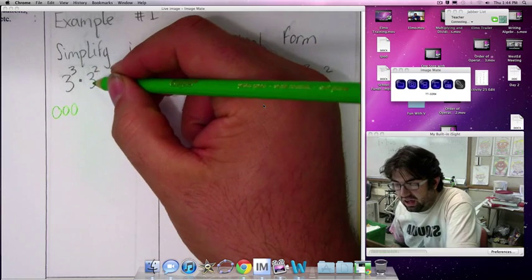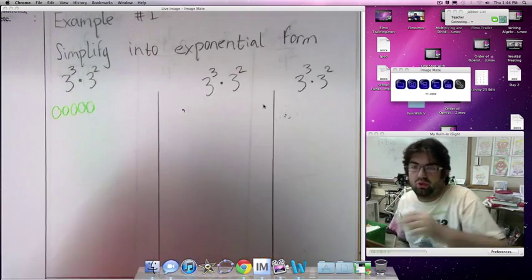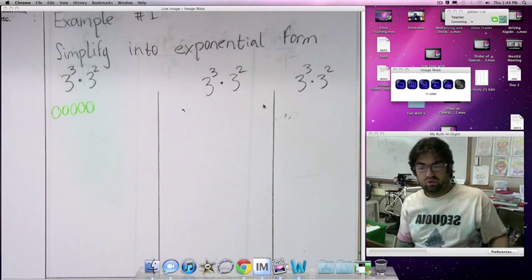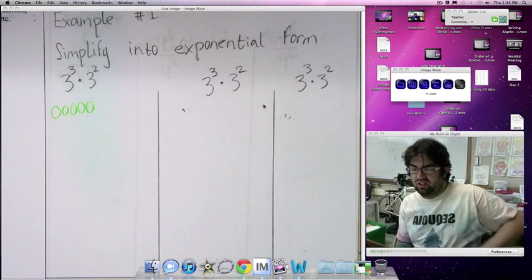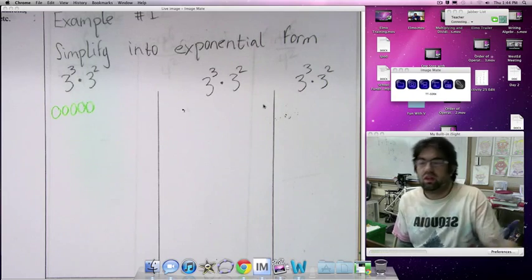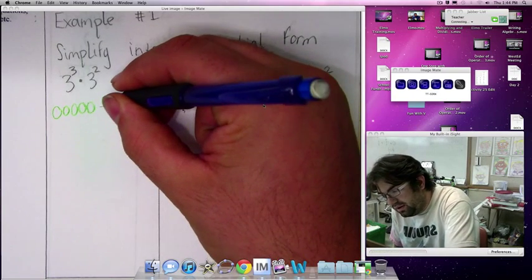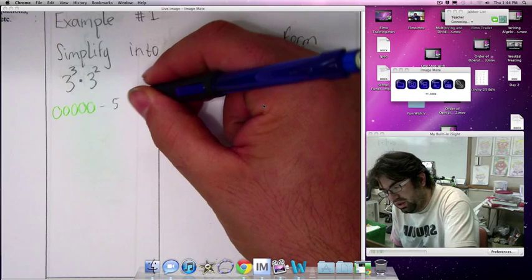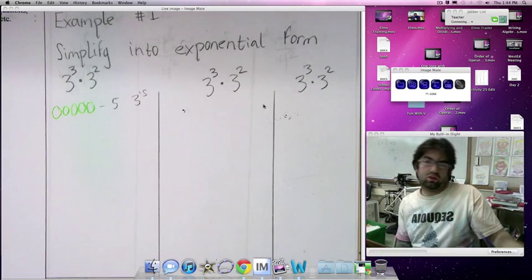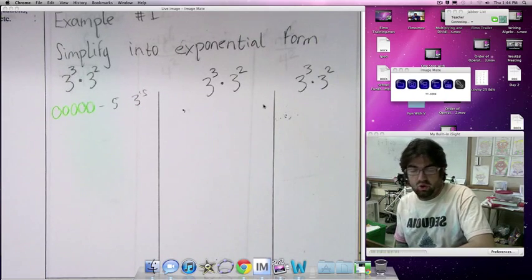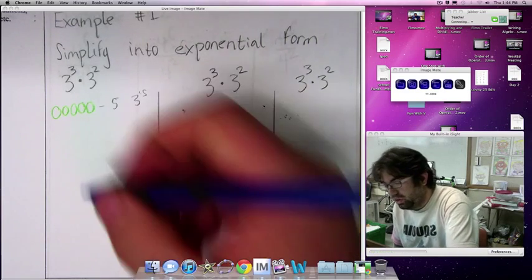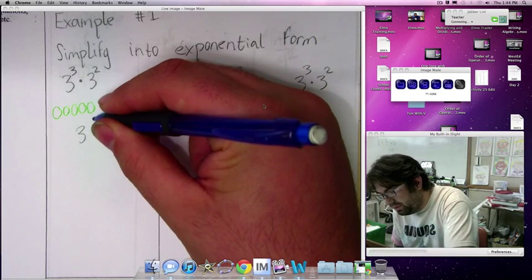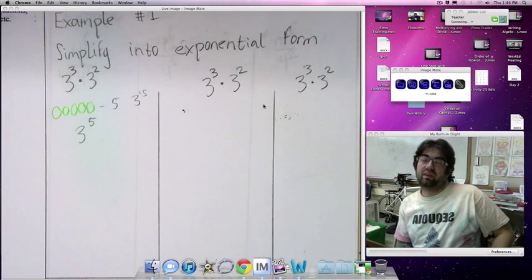And I have 2 more 3s. So my question is this. Well, what do I end up with? If you notice, now I have 5 3s. Well, if I have 5 3s that are all multiplying together, I can just rewrite this as 3 to the 5th power. And that's it.